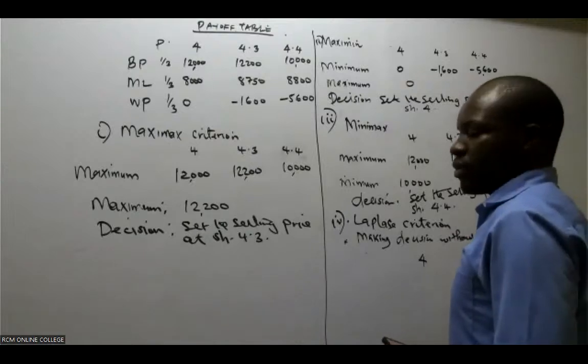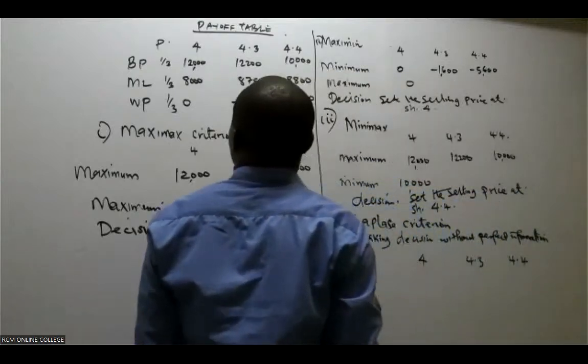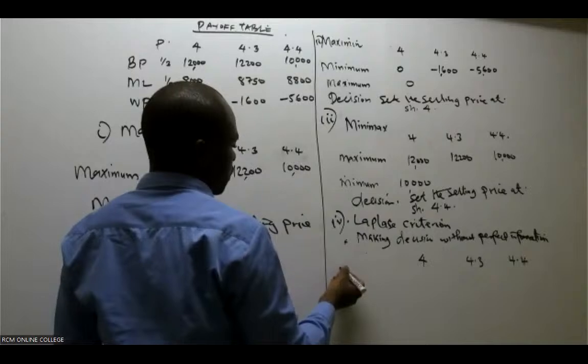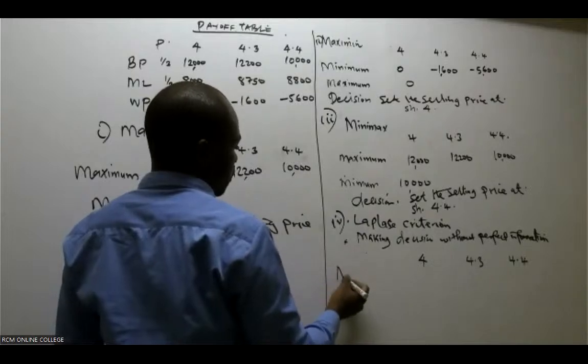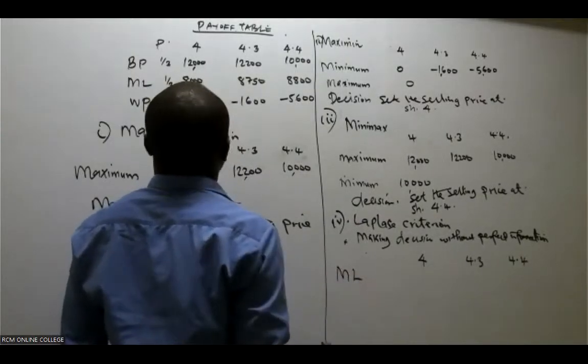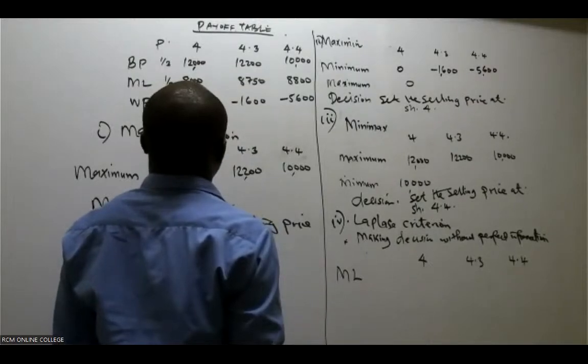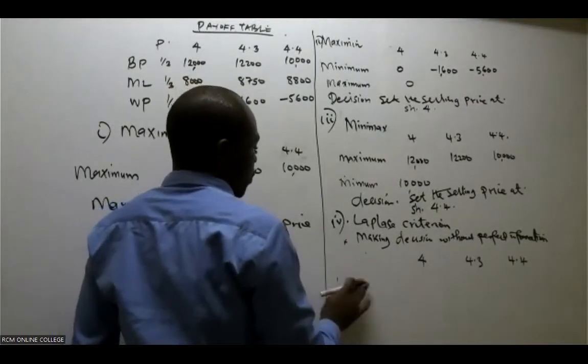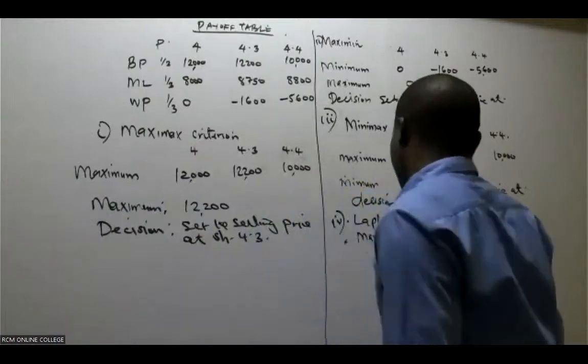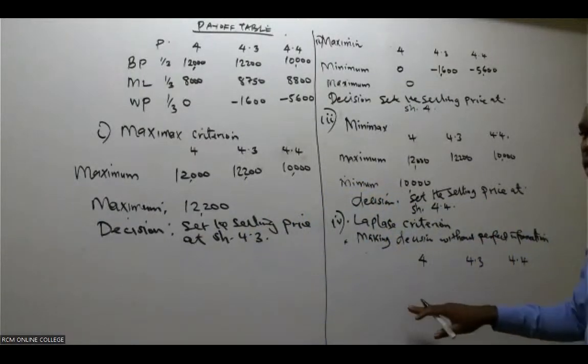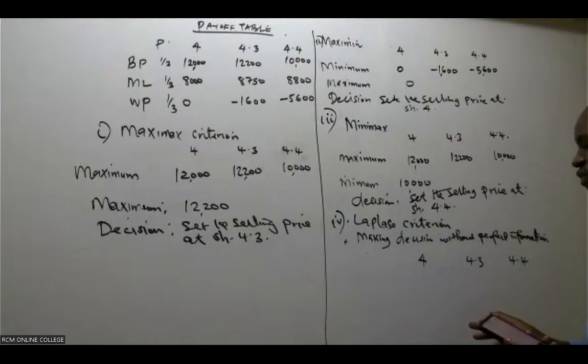We need to have now the figures here, the payoffs. The payoff subjected to the probability of occurrence. What will we have?